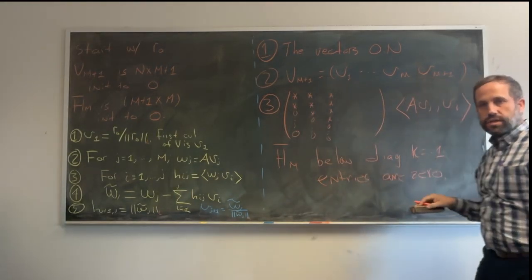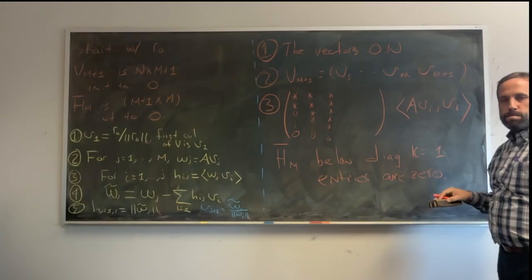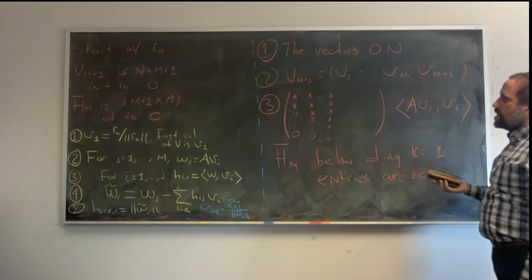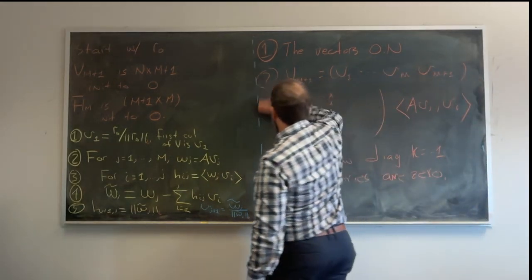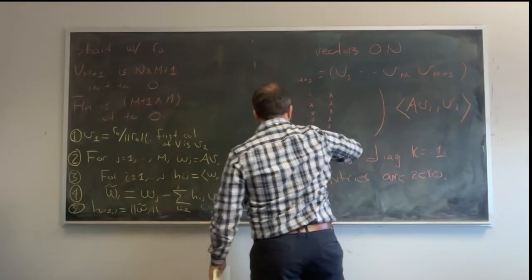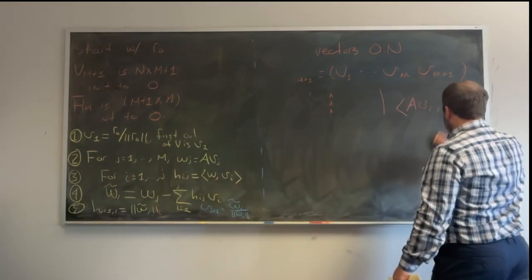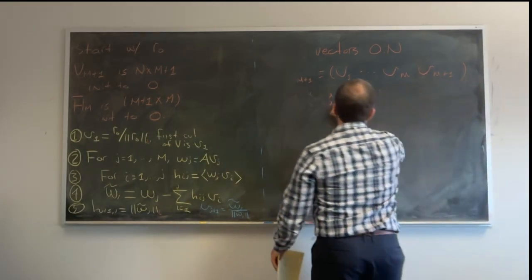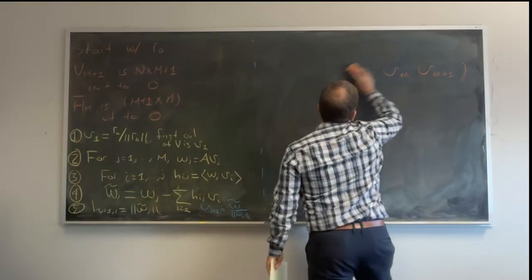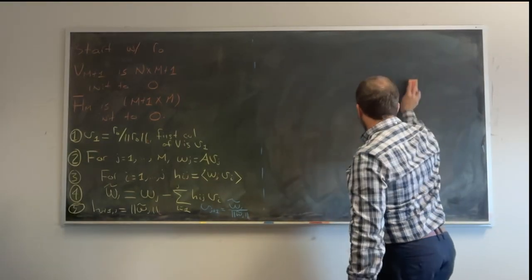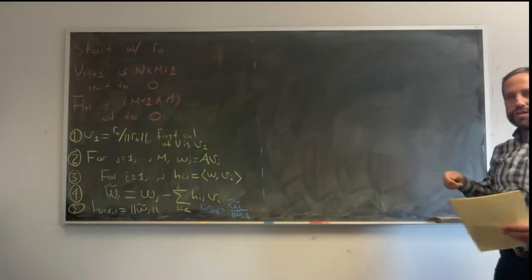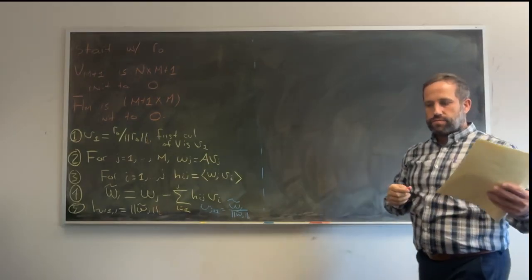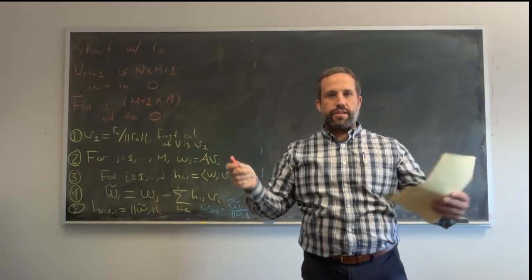That's what that tells us. Okay, and so we can make that formula. H bar m is going to be a matrix for A relative to a basis.